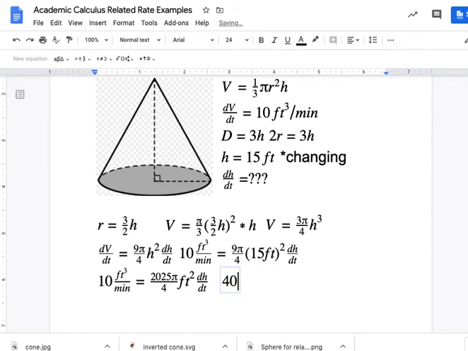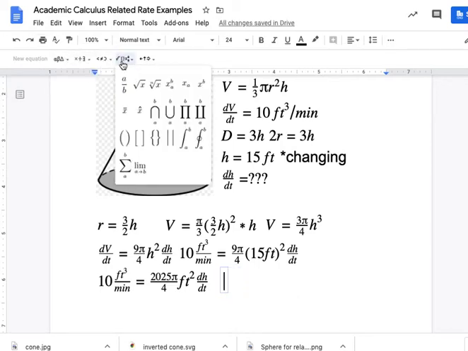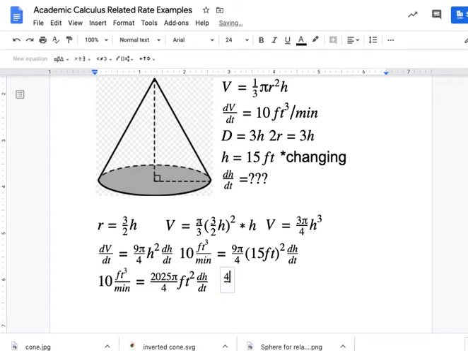Remember that we had a unit of feet squared that we're going to divide over there as well.